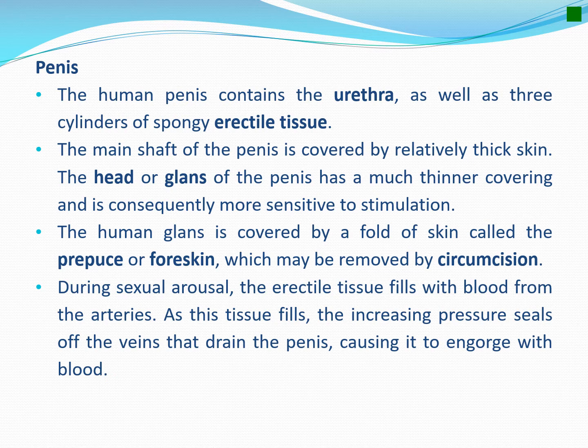During sexual arousal or erection, the erectile tissue fills with blood from the arteries. As this tissue fills, the increasing pressure seals off the veins that drain the penis, causing it to engorge with blood.